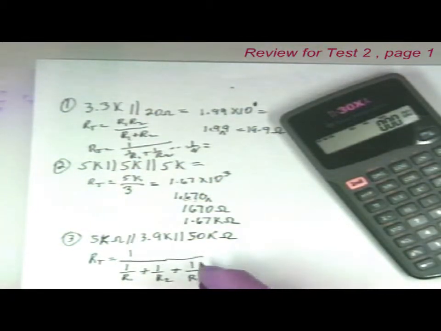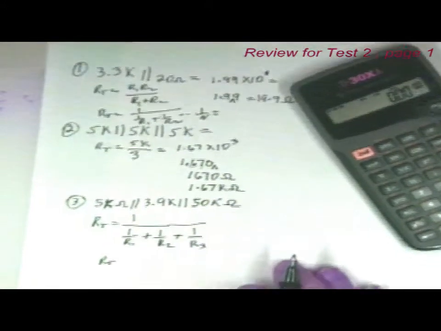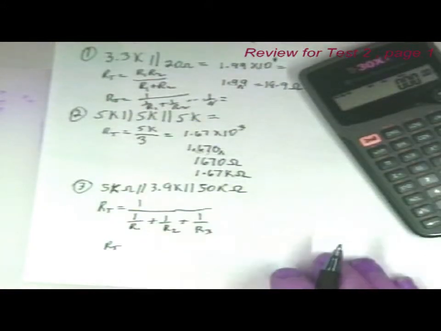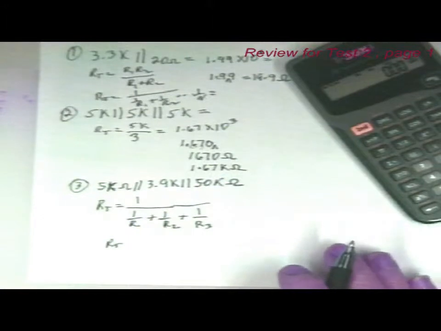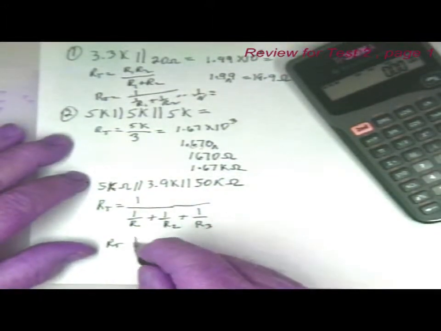Okay, now let's rewrite that. Let's put in some numbers. So RT, let's see, you can still see that, I hope. Maybe I can move it up. There we go. So RT equals 1 over 5K.